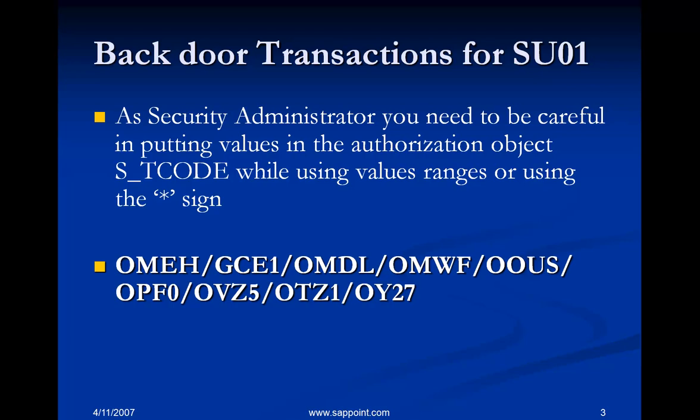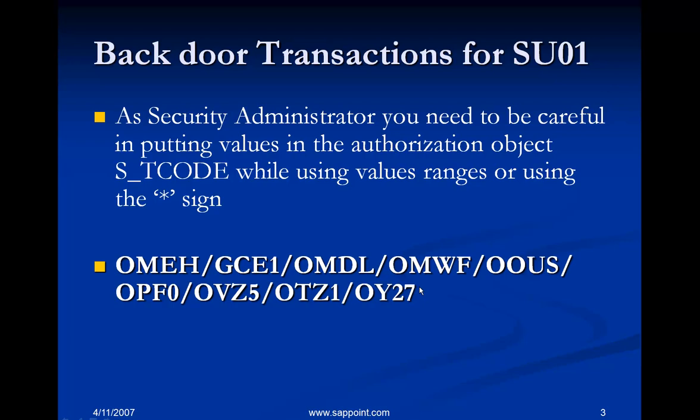So you need to be very careful in what you're doing when you're creating the role, especially when you're going to use value ranges in the object S_TCODE. So OMEH, GCE1, OMDL, OMWF, OOUS, OPF0, OVZ5, OTZ1, OY27 are some of the transaction codes which are backdoor transactions for SU01.